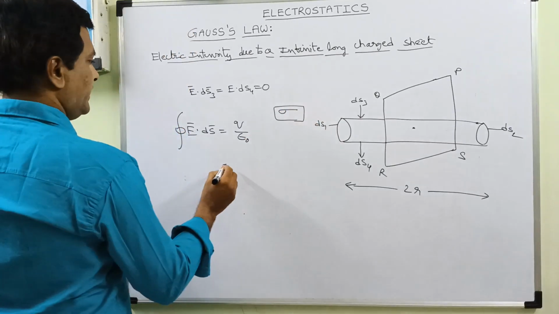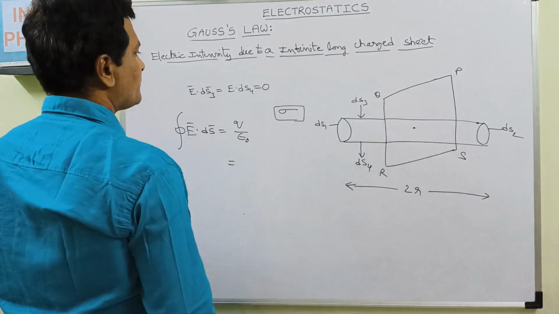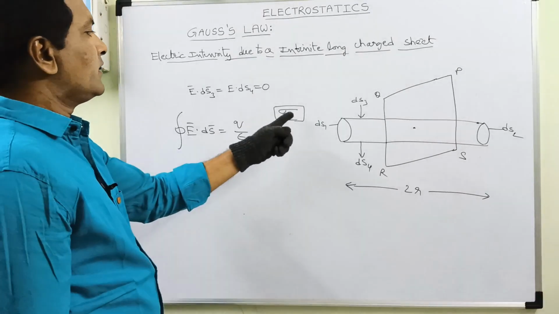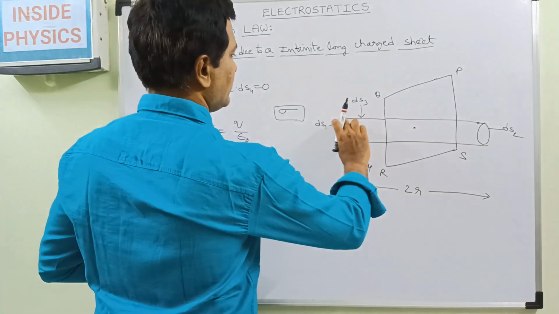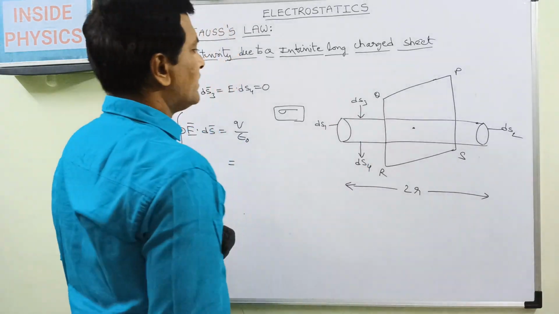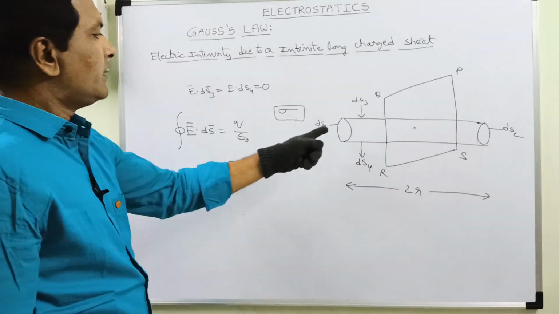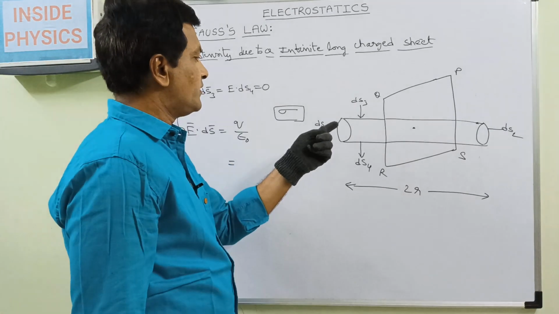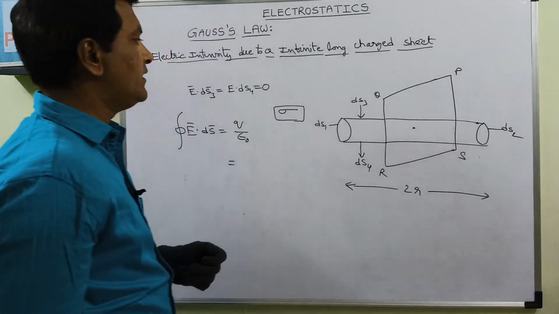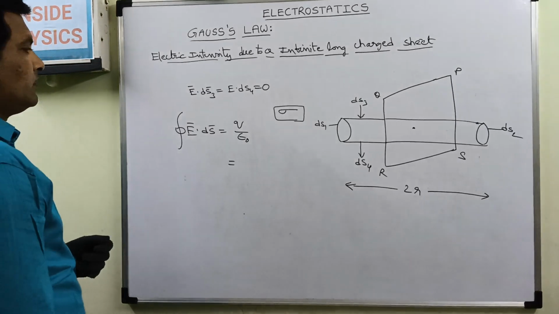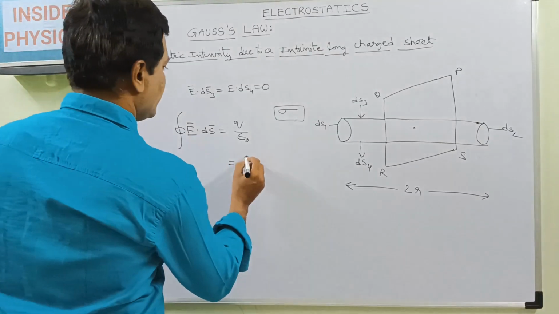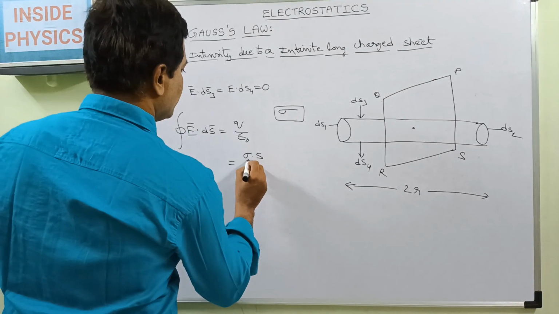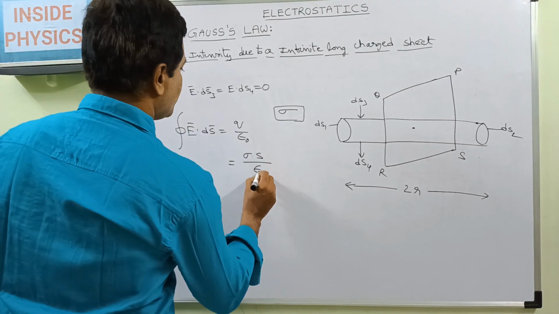So here we can write q as the charge density into the surface. This surface has a small surface area ds1, and the total surface area is s. So we can say sigma into surface area by epsilon naught.